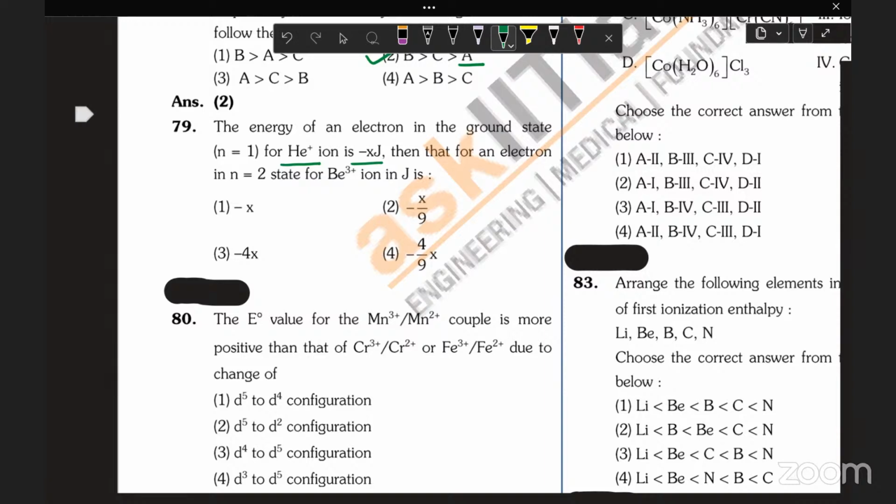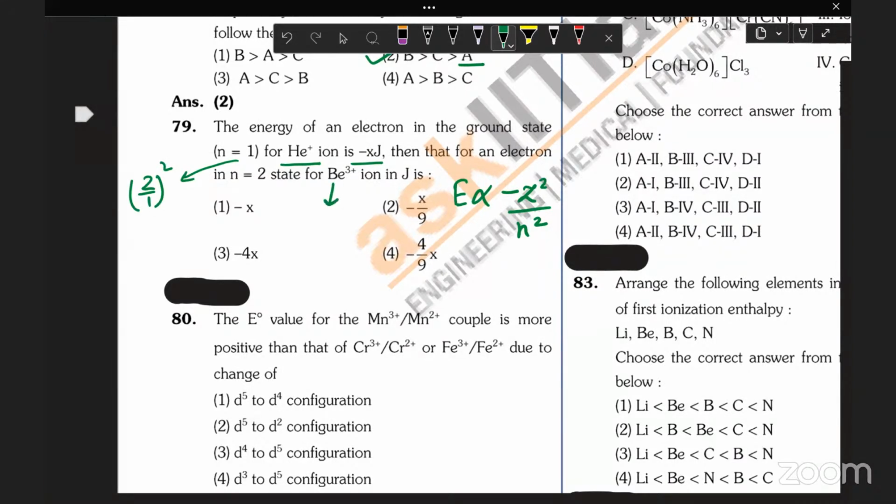So if I talk about the energy of electron, it is proportional to minus Z square by n square. According to Bohr, energy of electron in nth shell is proportional to minus Z square by n square. Now, for helium, the Z is 2, and they are saying n is 1. So I will say the ratio will be 2 by 1 whole square.